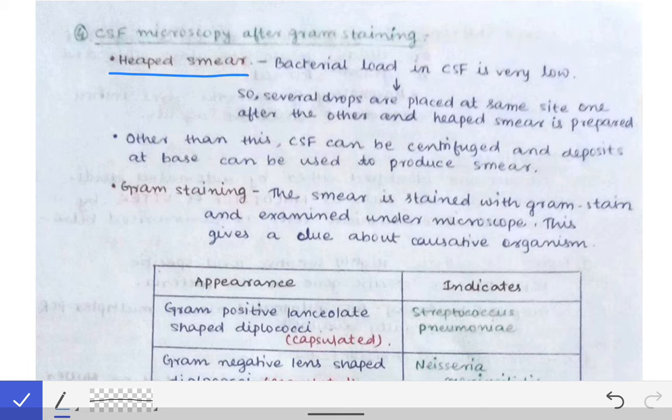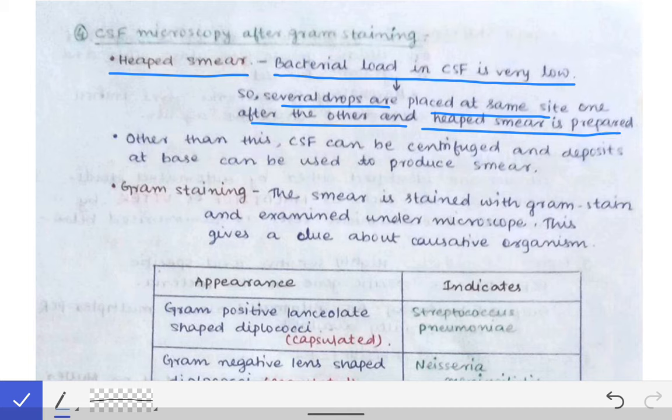So what type of smear do we prepare with the CSF? We prepare a heaped smear. Why? Because the bacterial load in CSF is very low. So several drops of the CSF are placed at the same site, one after the other, and a heaped smear is prepared.